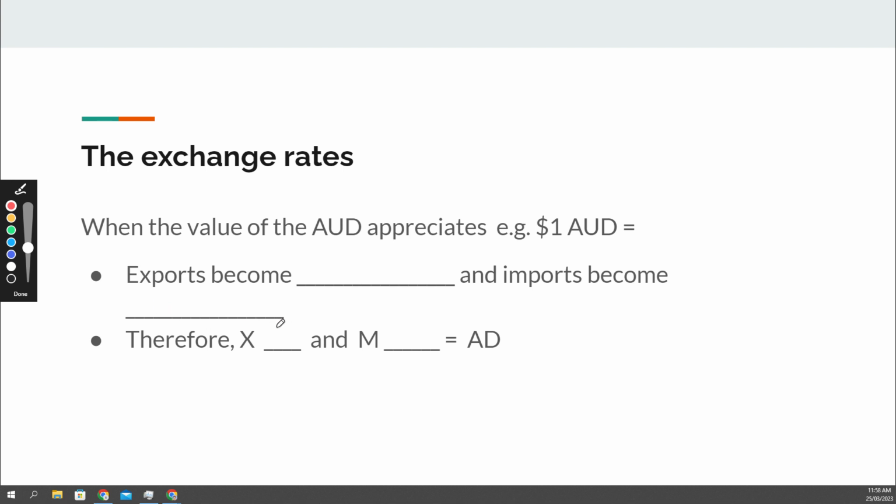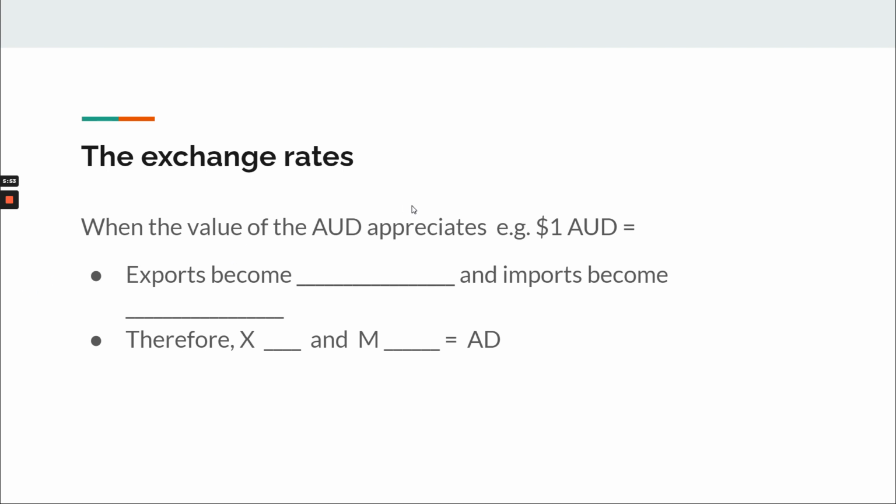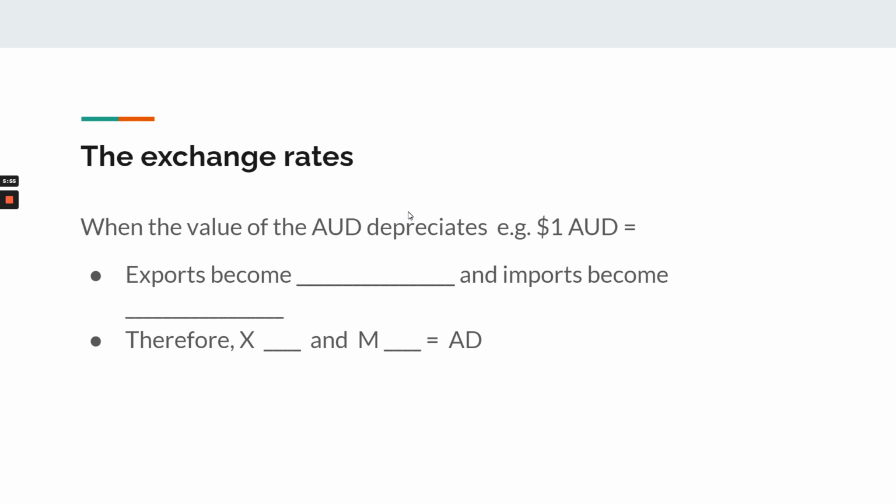Therefore, export spending will decrease because overseas firms will purchase from other countries. They might buy coal from India, and imports will increase because Australians will substitute away from consuming locally made goods. They won't buy shoes at Chadstone anymore. They'll buy them online.